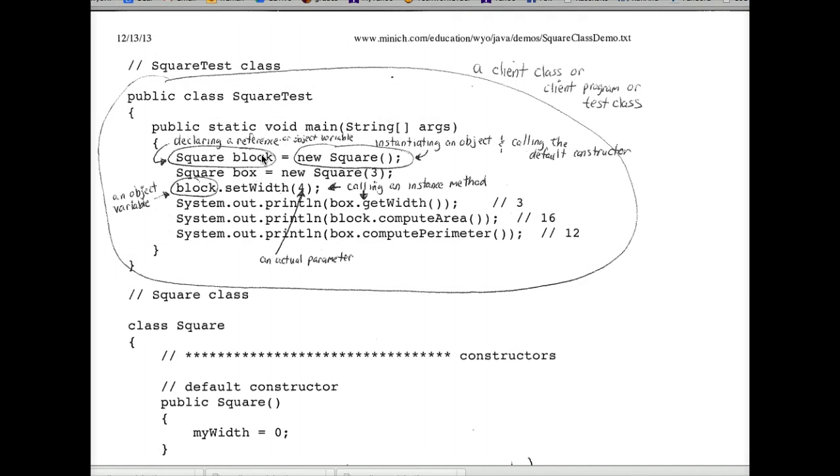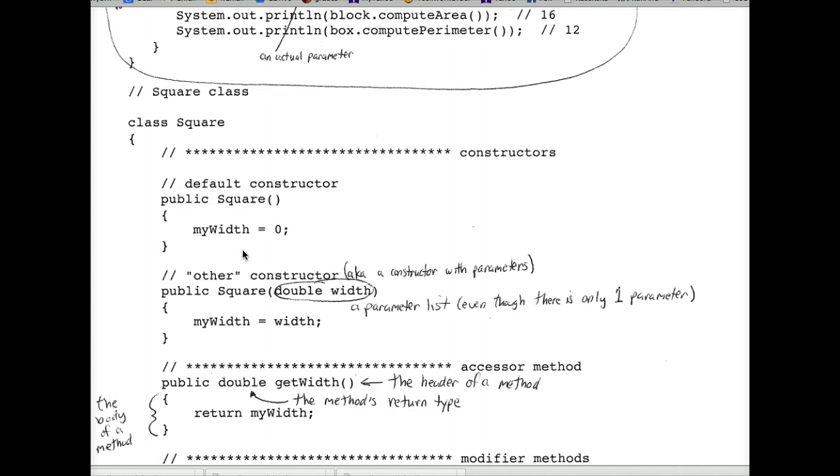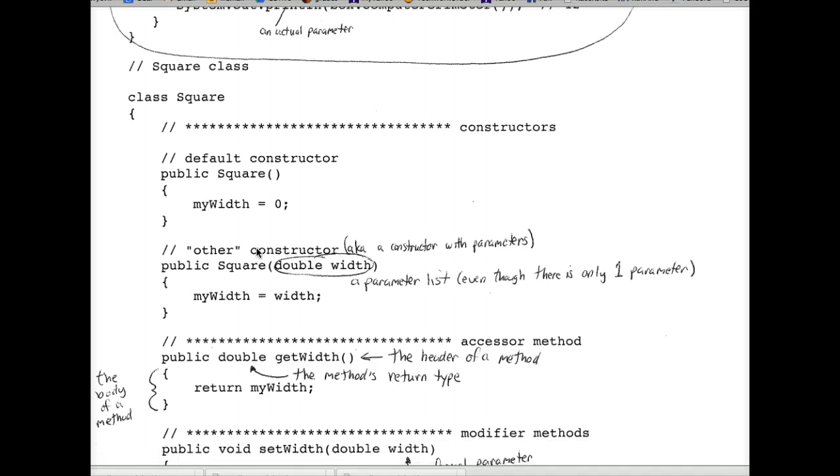Typically, one person's job is to write client software, like a main method, and another person, sometimes at a whole nother company, it's her job to create a class called Square. So whoever wrote the latest Xbox game that you played, one person creates like the class soldier.